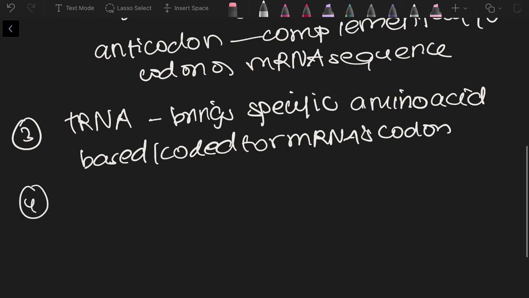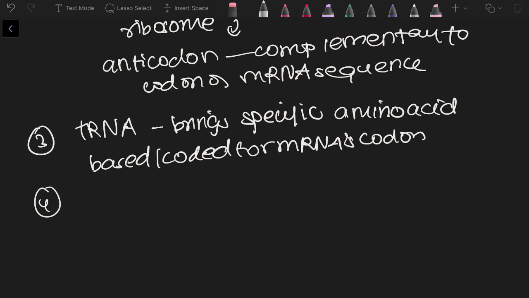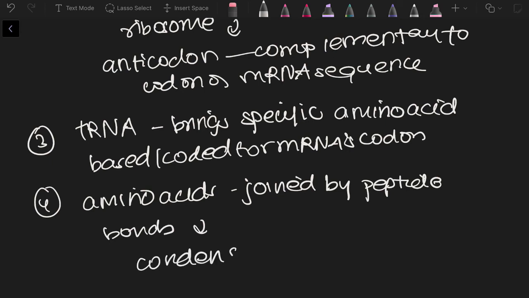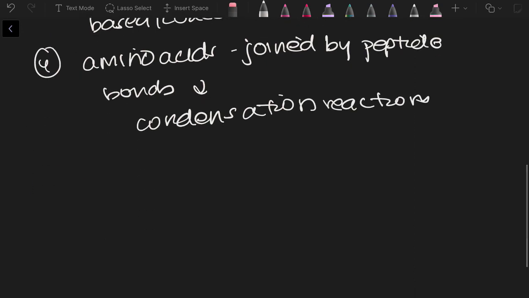And then the fourth process is that once the tRNA brings the amino acids, they are joined by peptide bonds, through condensation reactions, which we talked about in the previous part. So the amino acids are joined together by peptide bonds through condensation reactions at the P site of the ribosome.